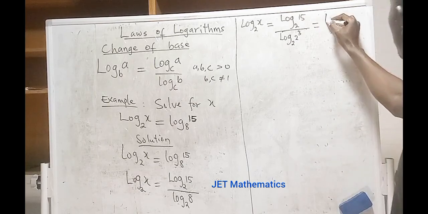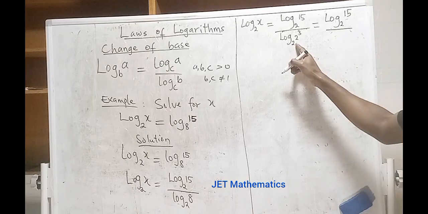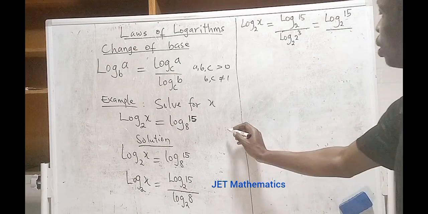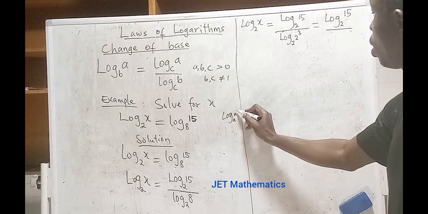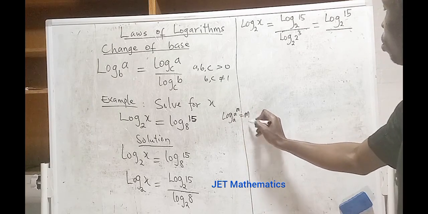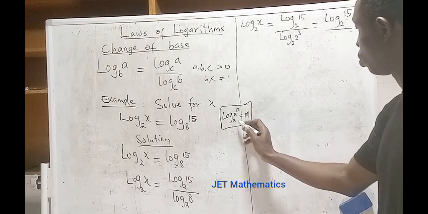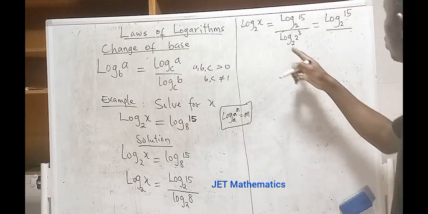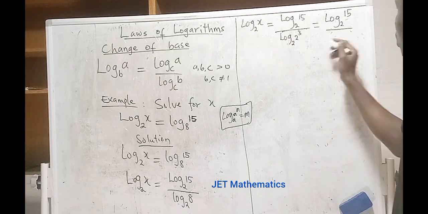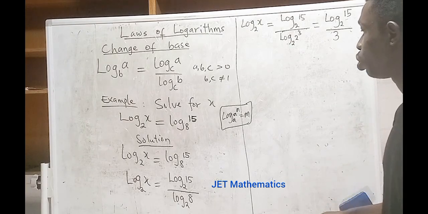And this gives us log 2 15 over, now remember the law that says log a a^m is equal to m. I showed you this law in our previous video. You can go back and look at it. Log a a^m is equal to m. So that implies that log 2 2^3 will be equal to 3. So please don't forget the laws as we use them.